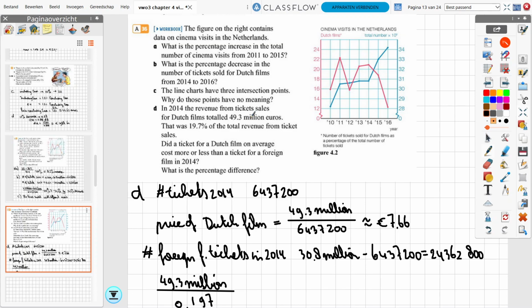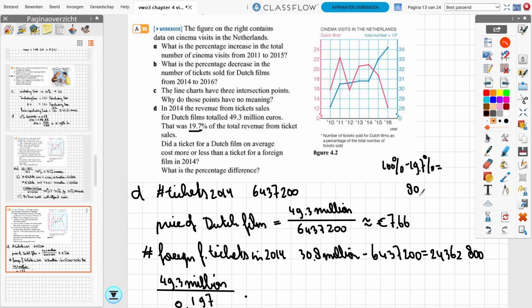However, I'm not that interested in the total, because the total also includes the Dutch films. So if I now would do this, I have the total amount of tickets. You can do that and then subtract the amount that the Dutch films made. You can also do this in one go, because you know that if 19.7% is the Dutch films, then the percentage for the foreign films is 100% minus 19.7%.